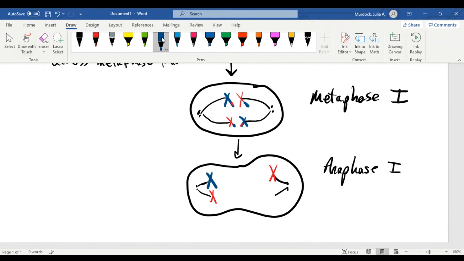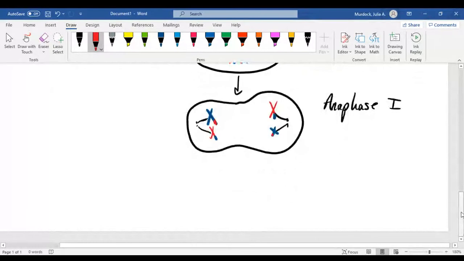Did these centromeres break? You should say, no, Mrs. Murdoch, they didn't. Good for you. The centromeres didn't break. The chromosomes and their sister chromatids are intact here. That's another big difference between mitosis and meiosis. Okay, so Anaphase pulls them apart, and then you're going to have Telophase I.